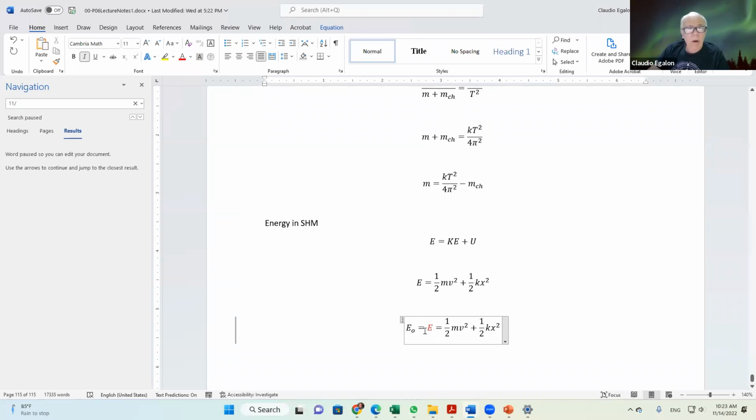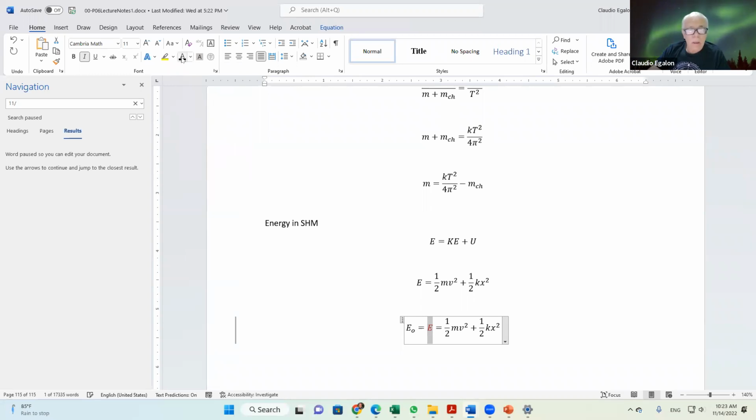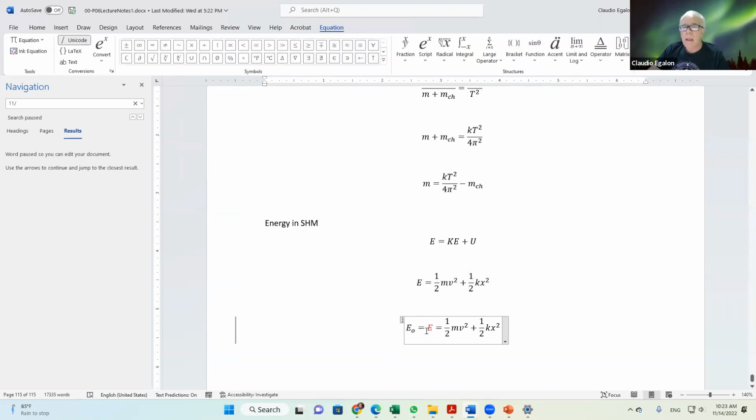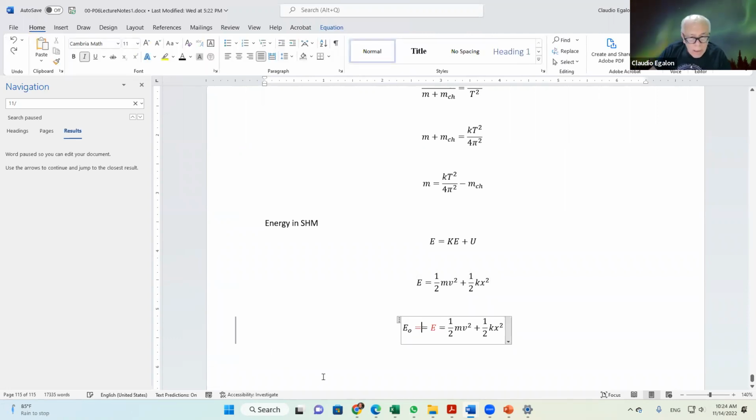I somehow got this thing in red color here. Let me see if I can fix that. It's still red. Oh man. That shouldn't be difficult to fix. Oh, I know why. Okay, now we got it. Nope, not yet.